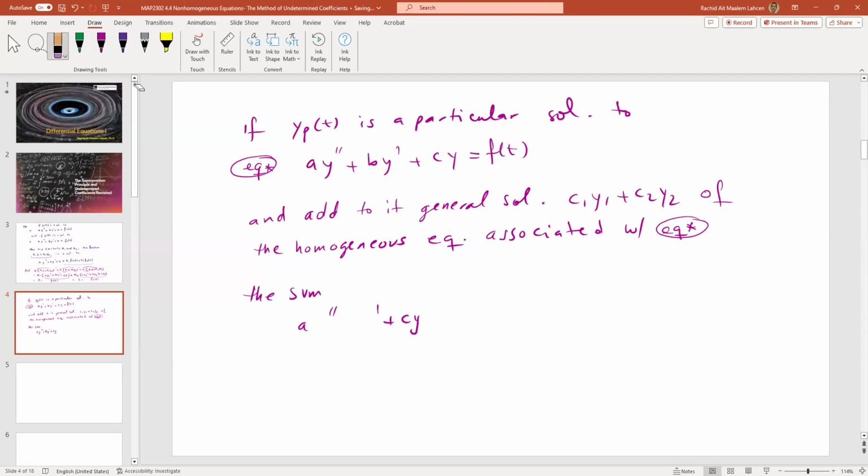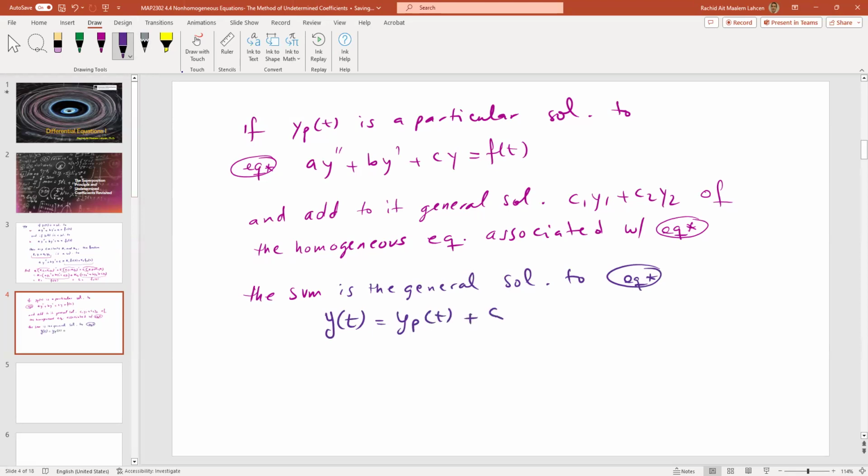Let's write the sum first. The general solution to the equation is y sub p of t, the particular solution, plus the general solution to the homogeneous case.